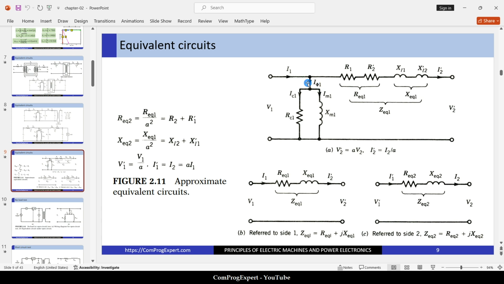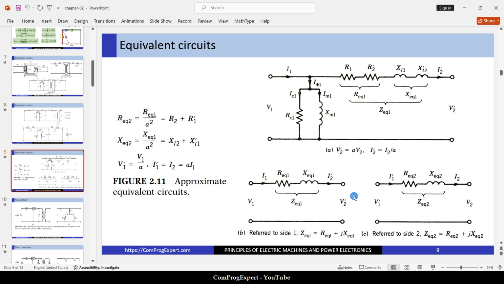Yes, because when we have a load current, a high value of the load current, the value of this current, I phi, is much lower than this one, I2 prime. So we can neglect the current of this branch to have these simplified models. And these models are used for analysis of power systems.